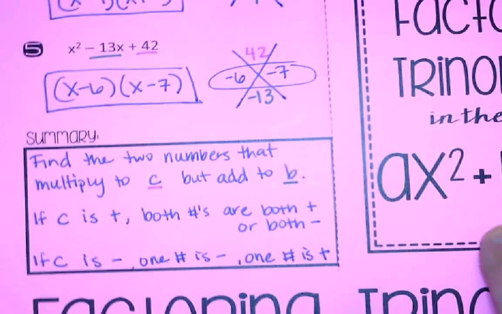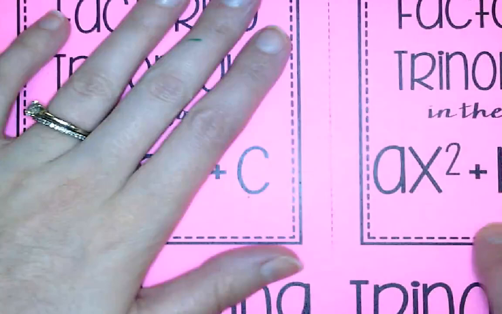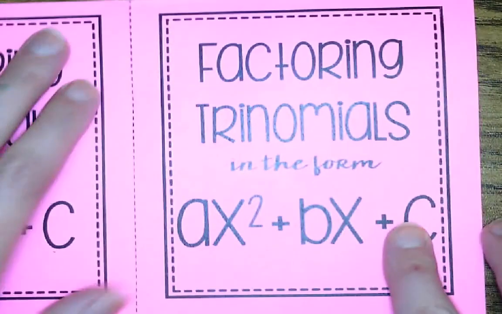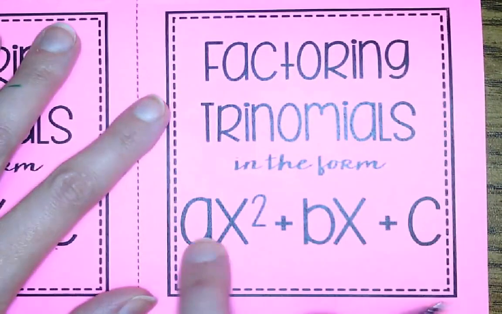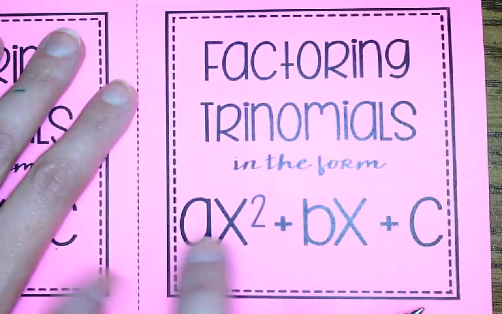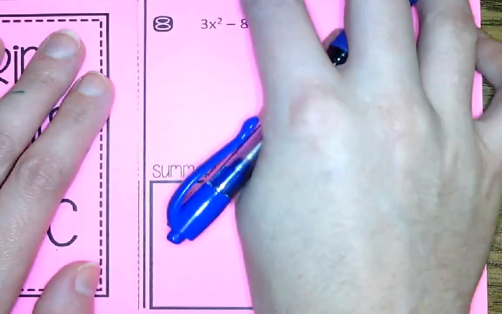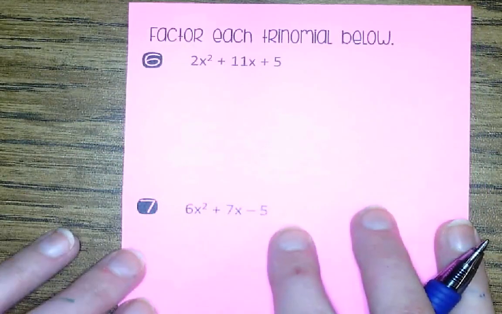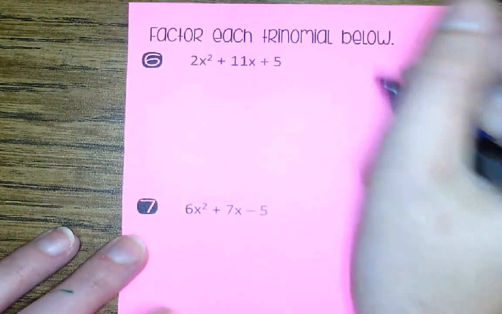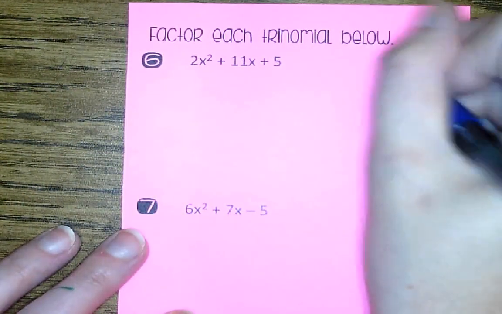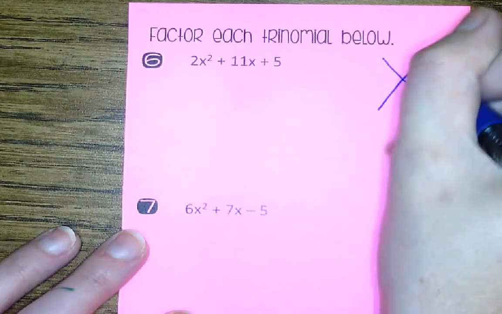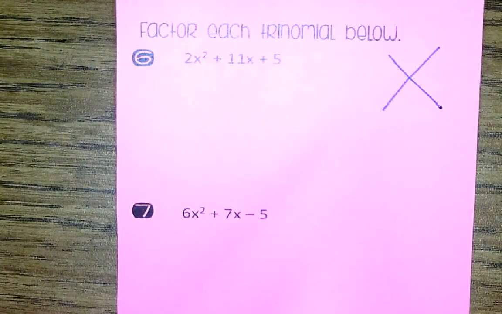Okay? Awesome. Next, we are going to factor trinomials that have a coefficient. And guys, this is when you will use your factoring by grouping. Okay? We almost start the exact same way, but what is the difference about the number that we put on top of our x here?